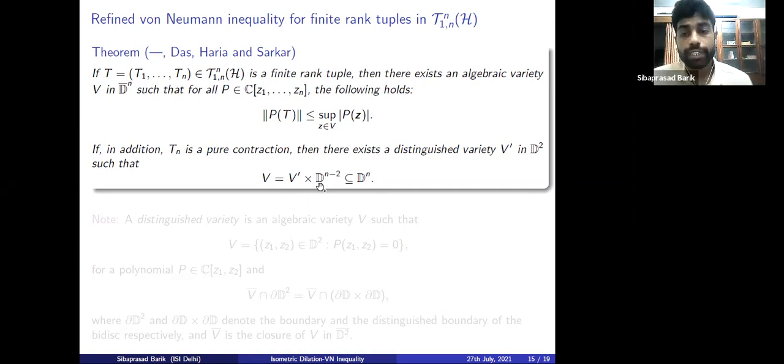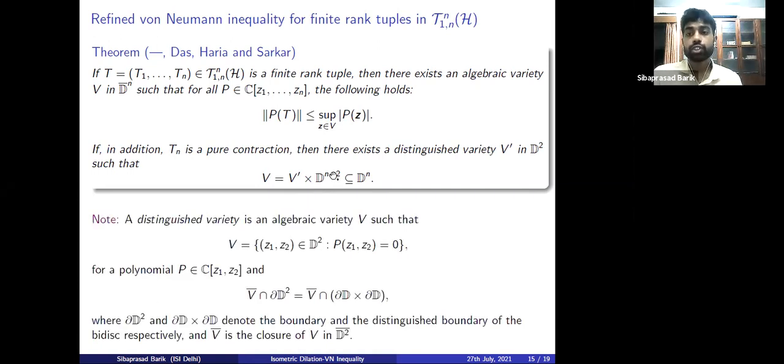So what is a distinguished variety? A distinguished variety is an algebraic variety V with respect to some polynomial P such that V closure exits the boundary of D2 through the distinguished boundary. That means V closure intersection the boundary of D2 is the same as V closure intersection the distinguished boundary of D2.